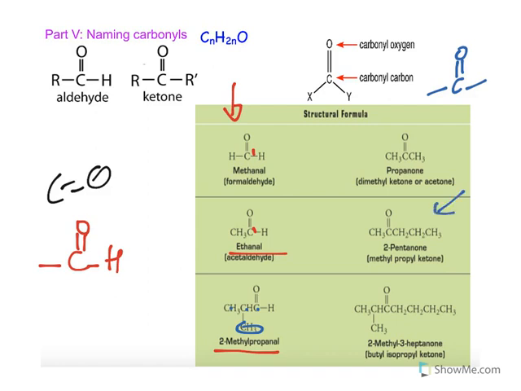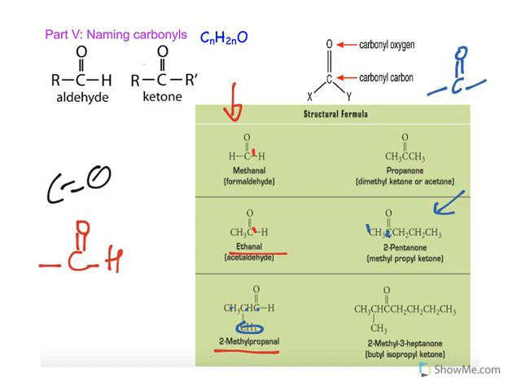So for example, in this one over here, if we start numbering from this side, the C=O will take number 2, which is much better than if we started numbering from this side, because at this side the C=O will take number 4, which is not favored. So in this one it will be 2-pentanone.